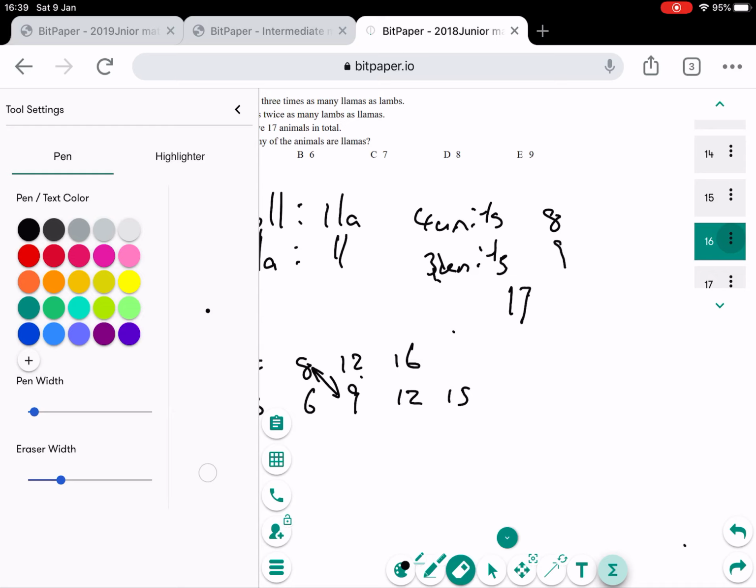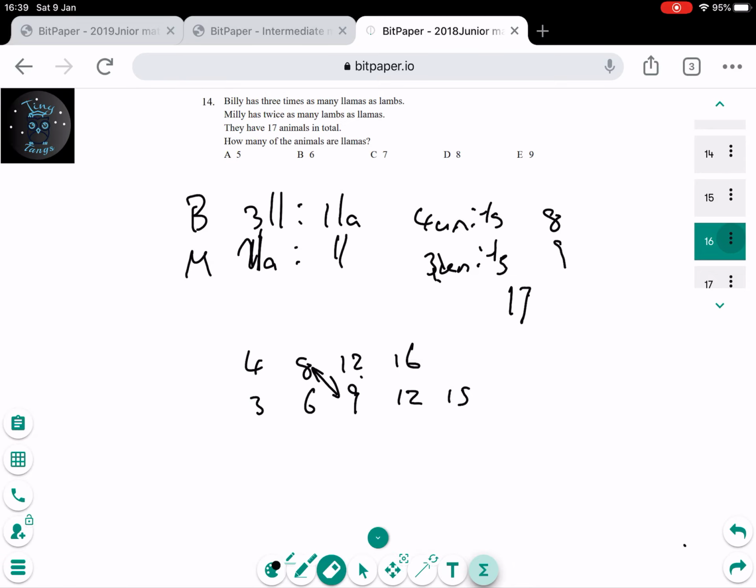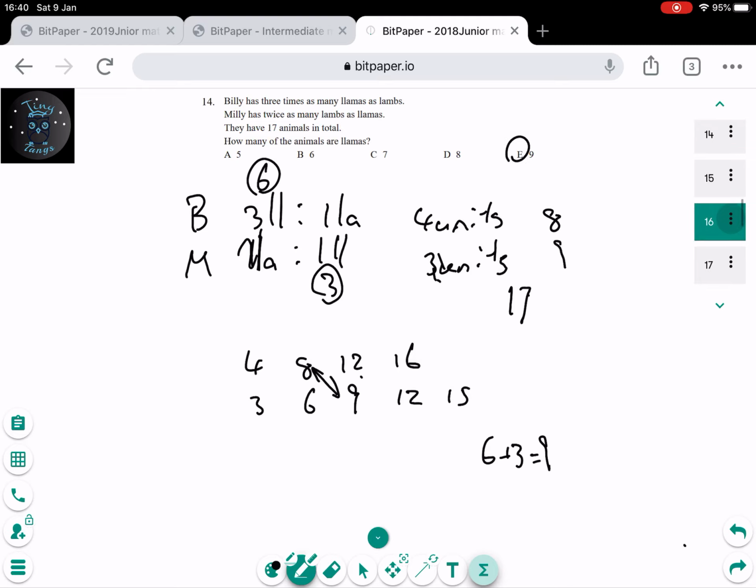Yeah, there we go. So that's 1 llama. So 1 unit here is 3. And 8 is 4 units, so 1 unit is 2. So 2 times 3 equals 6. 6 plus 3 equals 9. So the answer for question 14 is E, which is 9.